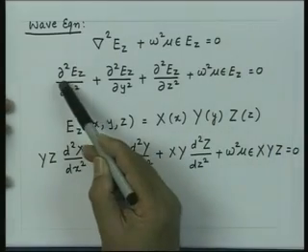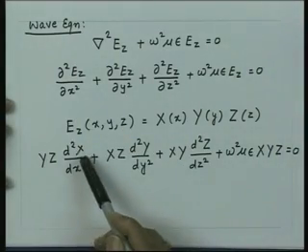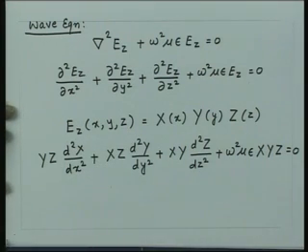Note here, now the partial derivatives have been converted to full derivatives, and the reason is x is now a function of x only, y is a function of y, and z is a function of z.